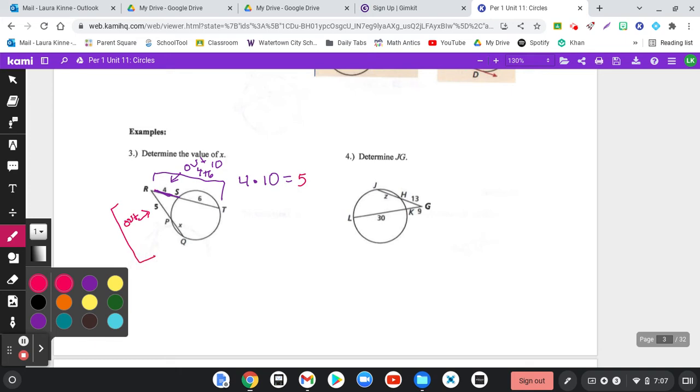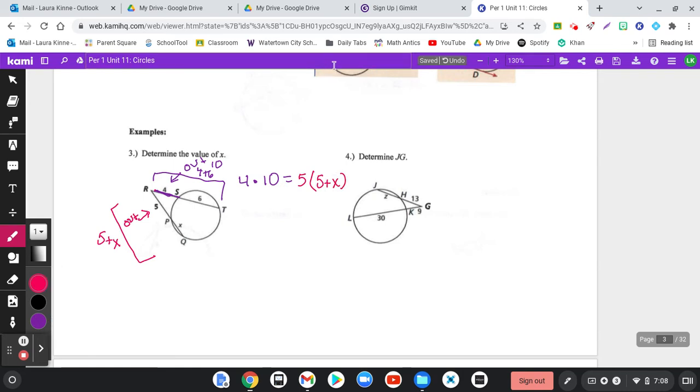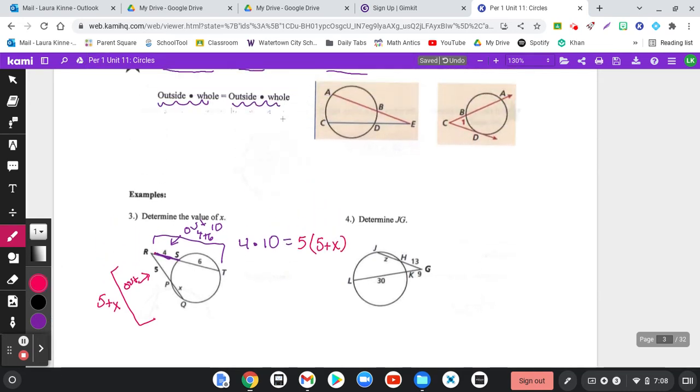Up here we did 4 plus 6, well here we have to do 5 plus x. So 5 times 5 plus x, or x plus 5, it doesn't matter. Again, it's the outside times the whole equals the outside times the whole thing, okay?